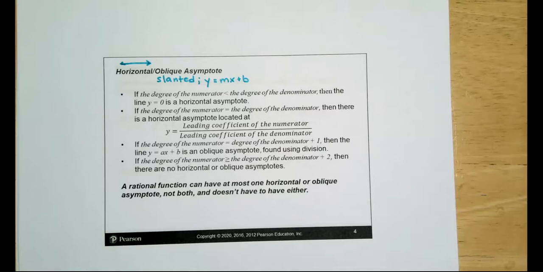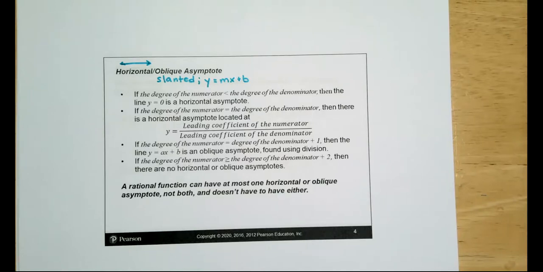If the degree of the numerator is equal to the degree of the denominator plus 1, then it has an oblique asymptote at y equals ax plus b or mx plus b. And if the degree of the numerator is greater than or equal to the degree of the denominator plus 2, there will not be any horizontal or oblique asymptotes.